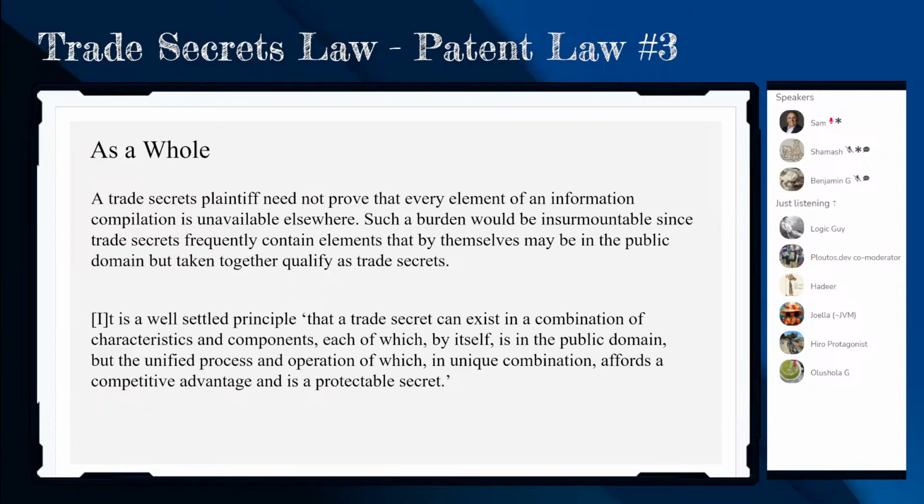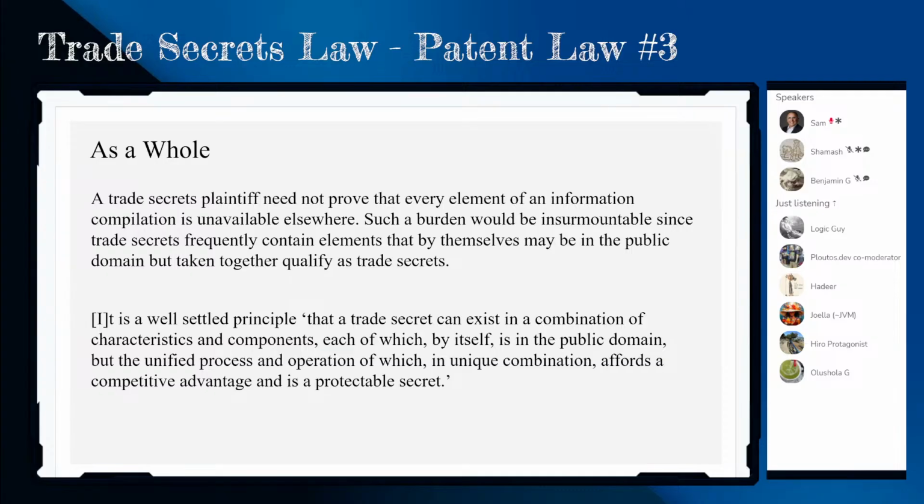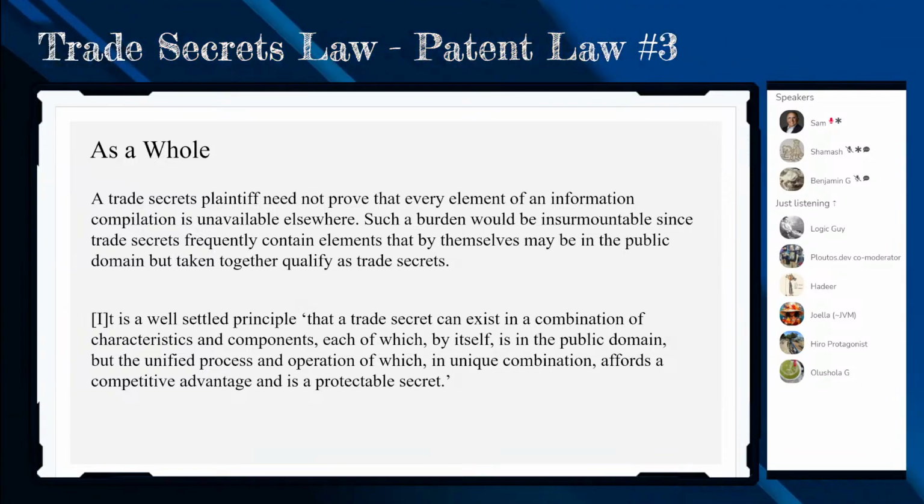So on slide 12, the court gives us an additional gift and says, you know, you can have trade secrets when all the components of the trade secret are known, but the combination is not known.